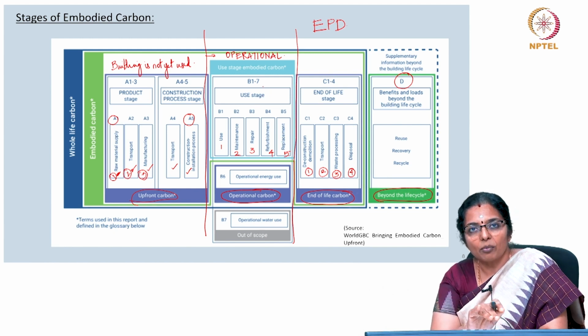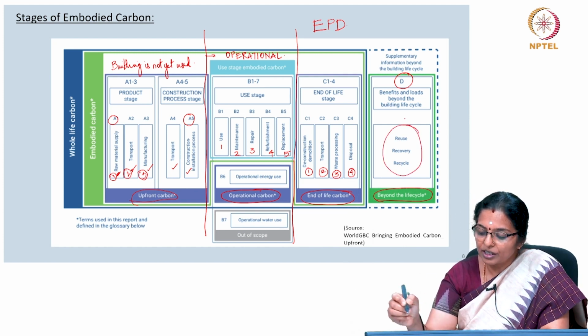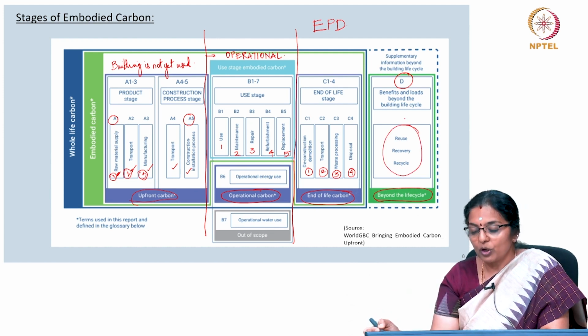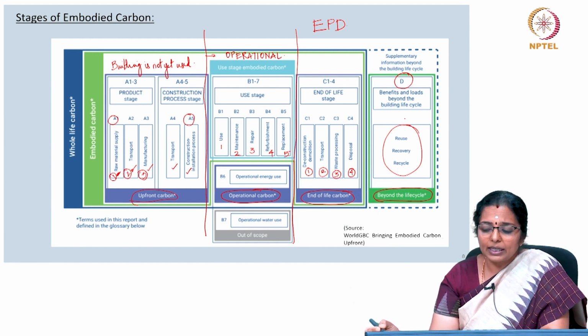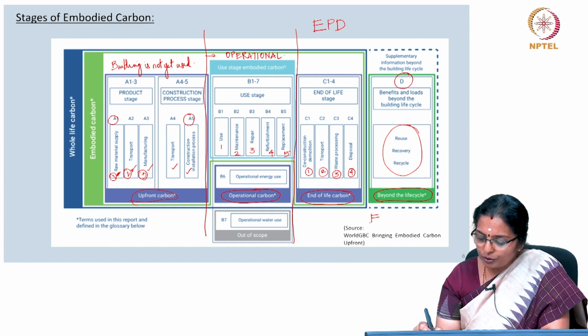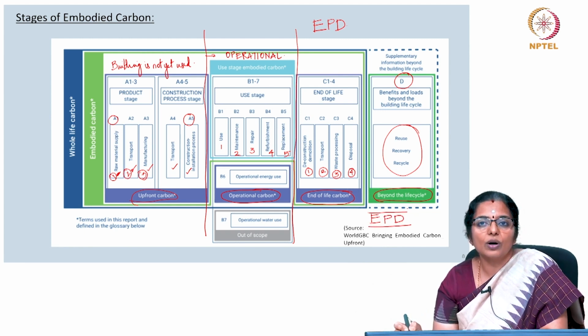We saw embodied carbon in detail, touched upon operational carbon, saw end of life carbon, and saw beyond the life cycle carbon, which is going to be the future. Reuse, recovery, recycle, beyond the life cycle is going to be important. And we also looked at how EPD would become mandatory for every product in future, and you need to look at the product description in detail to understand EPD, which is a declaration of every product.